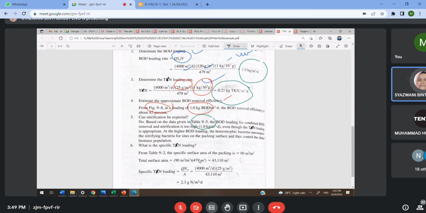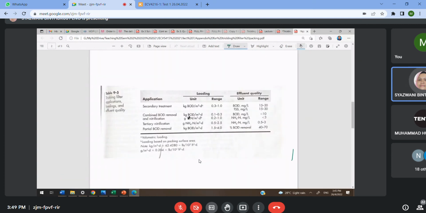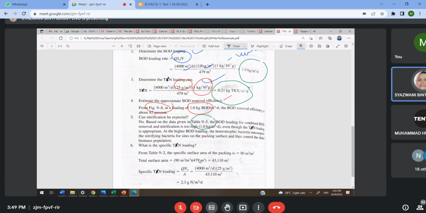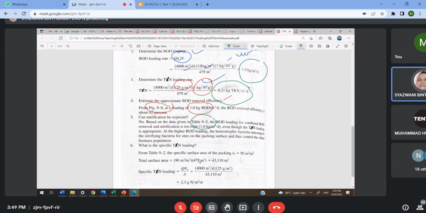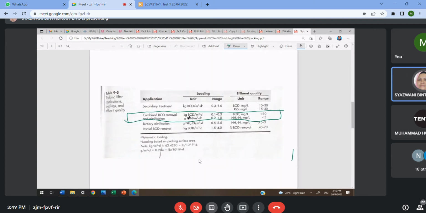Go back to the table. The row that you have to refer to is this one, which I put in green here. I hope you can see my green line. What was our BOD loading just now? Our BOD loading is 1 kg, and the TN is 0.21.